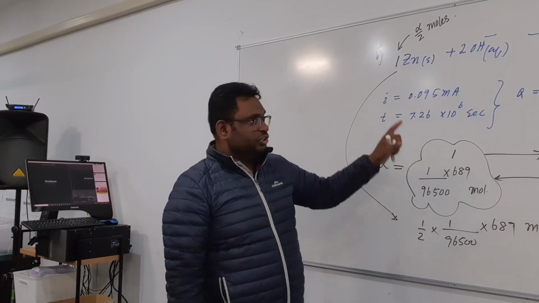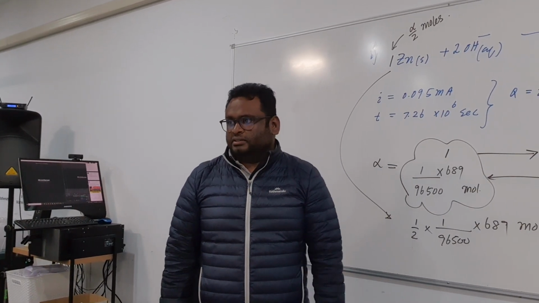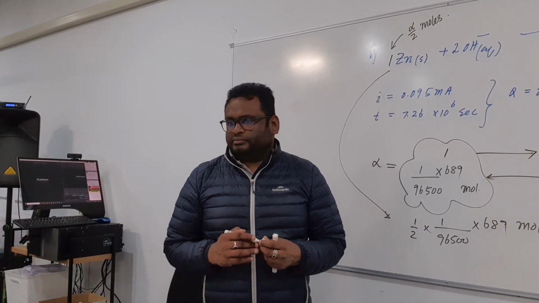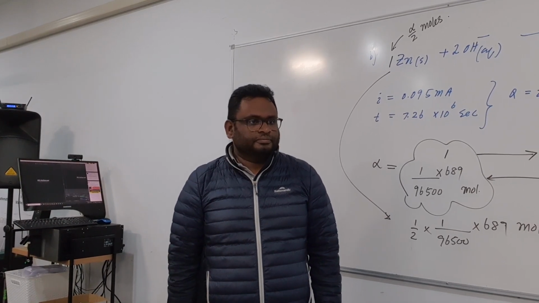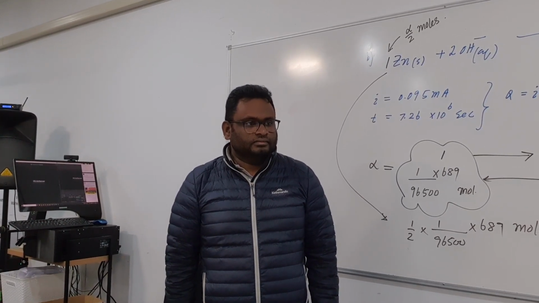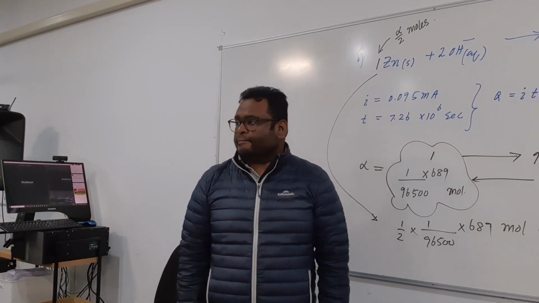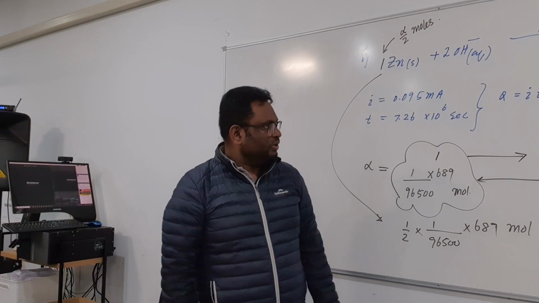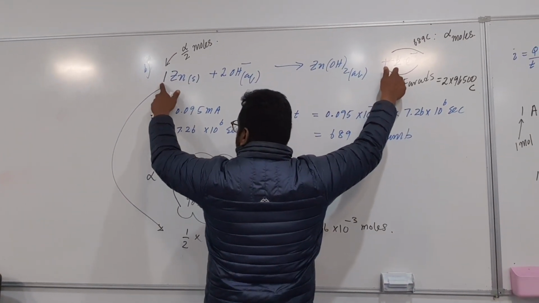So this overall picture, intuitively, you have to have in a decent way. Any questions? Why did I multiply by half? It's because of the 2 to 1 correspondence.